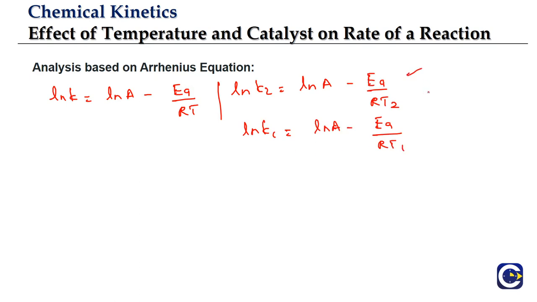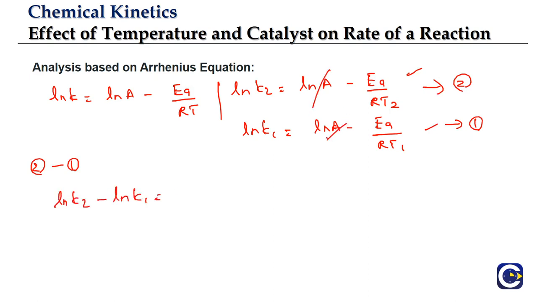These are the two values at different temperatures. Let us call them equation 2 and equation 1, and do equation 2 minus equation 1. On the LHS we have ln k2 minus ln k1, and on the RHS ln A will be cancelled, leaving minus Ea by RT2 plus Ea by RT1.